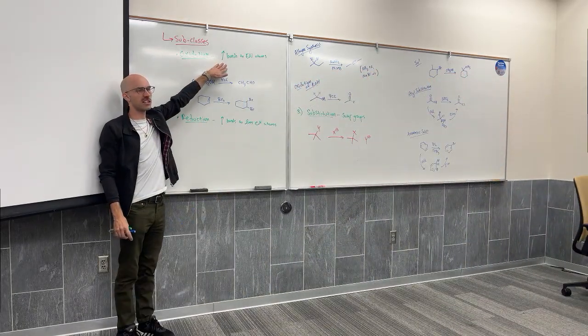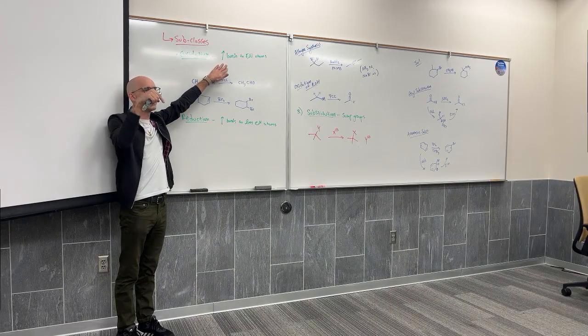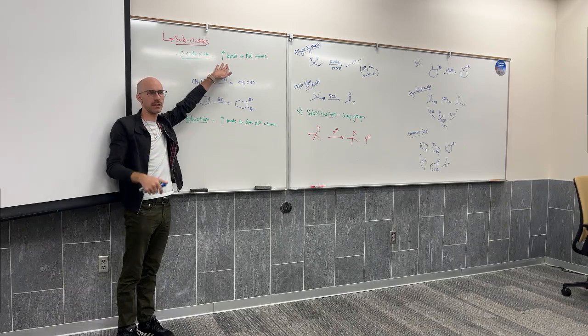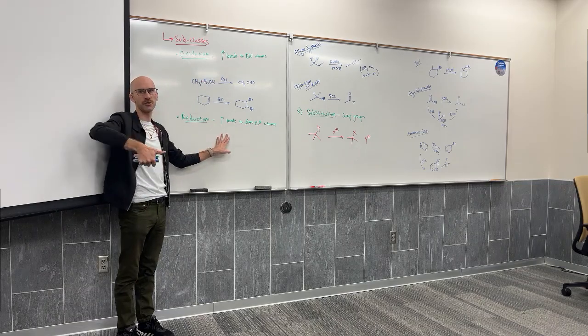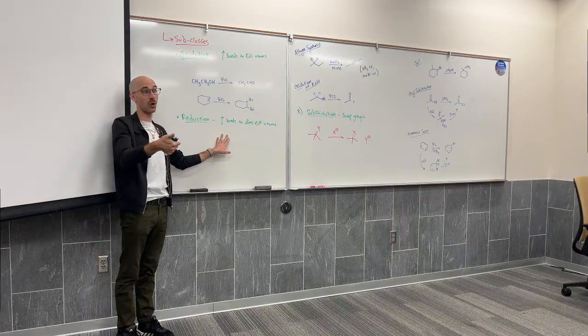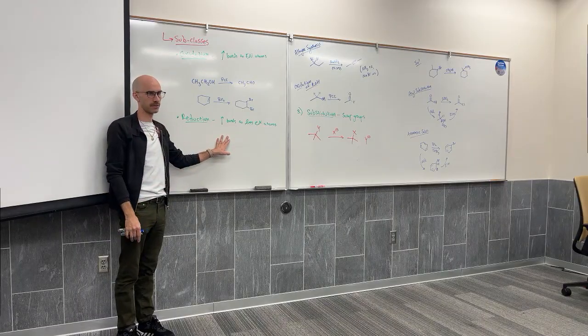Oxidation: increase bonds to more electronegative atoms and/or decrease bonds to less electronegative atoms. Reduction: increase bonds to less electronegative atoms and/or decrease bonds to more electronegative atoms.